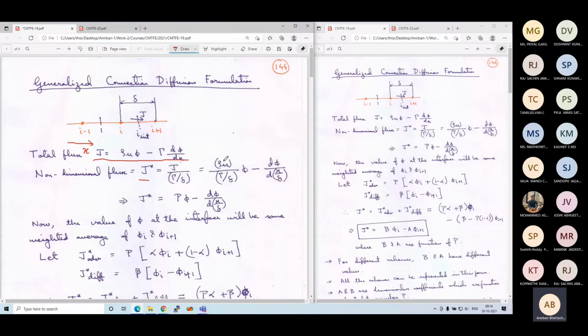So this term is the Peclet number P, the Peclet number at the interface. So P into phi minus d phi dx by delta. Here x by delta is like a non-dimensional length scale. Both terms are non-dimensional: the Peclet number is non-dimensional and this is also non-dimensional. So J star is equal to P phi minus d phi by d(x by delta).